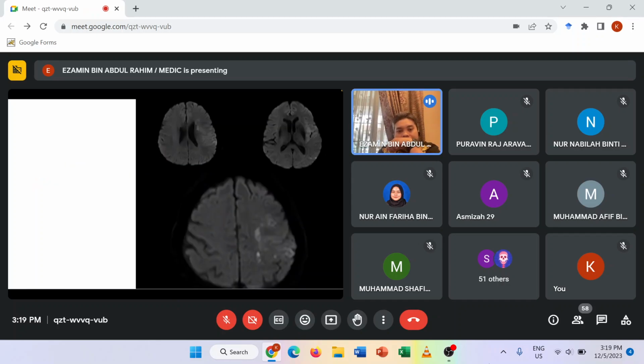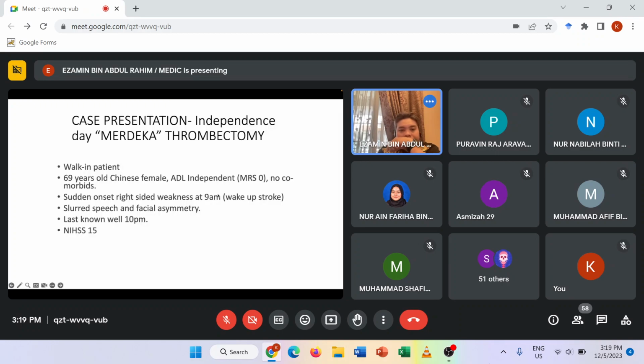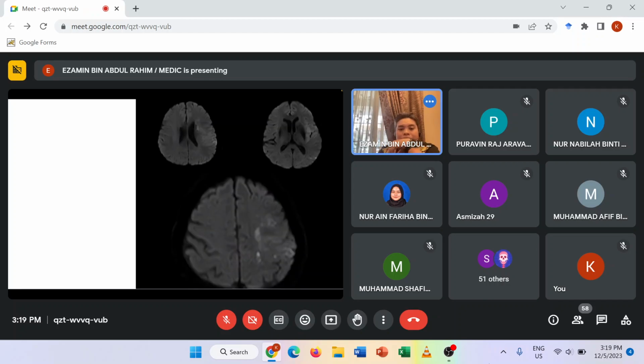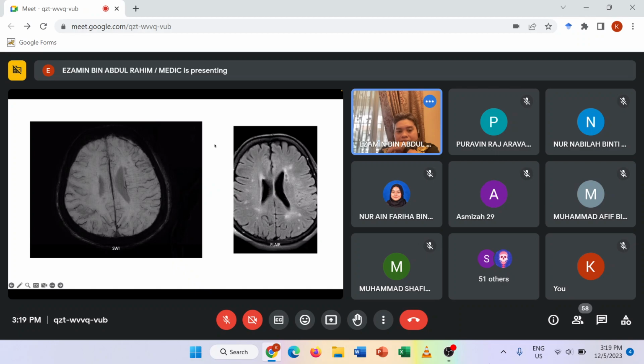This one I forgot what it is. Some Merdeka thrombectomy 69. NIHSS is quite high, 15. Like I said, 6 is our cut-off point to intervene. Then you start to see an abnormal area, and this is what we call SWI, susceptibility weighted image, with a lot of deoxygenated blood.